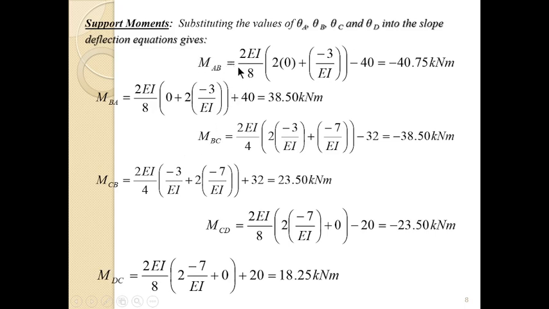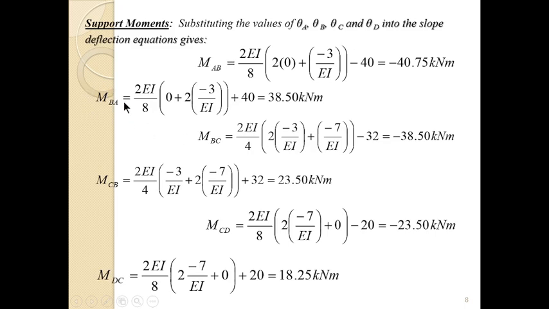We go to the moment equation for MAB, which is EI over L into 2 theta A plus theta B minus 40. Since theta A is 0 and we know the value of theta B, we substitute them. That gives us minus 40.75 kilonewton meter.